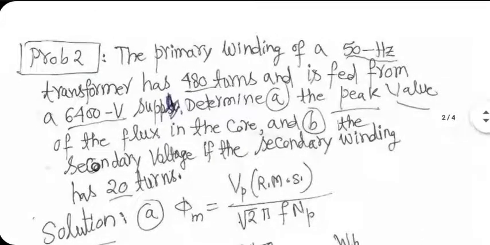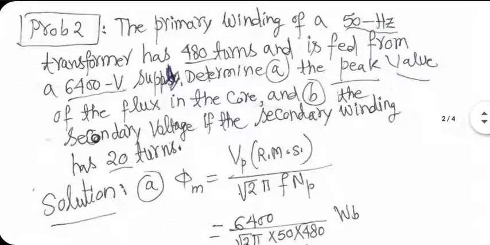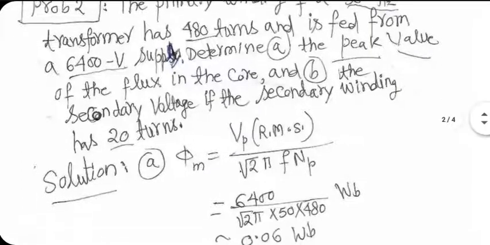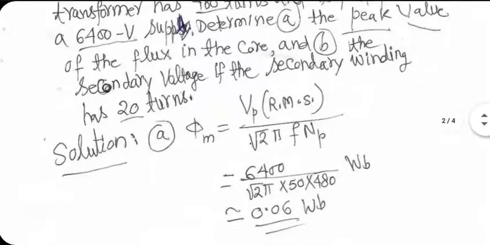More problems. The primary winding of a 50 hertz transformer has 400 turns and is fed from a 6400 volt supply. Determine the peak value of the flux in the core and the secondary voltage if the secondary winding has 20 turns. Okay. Again, the well-known equation is used in part A to figure out phi m. Everything is given here except phi m.